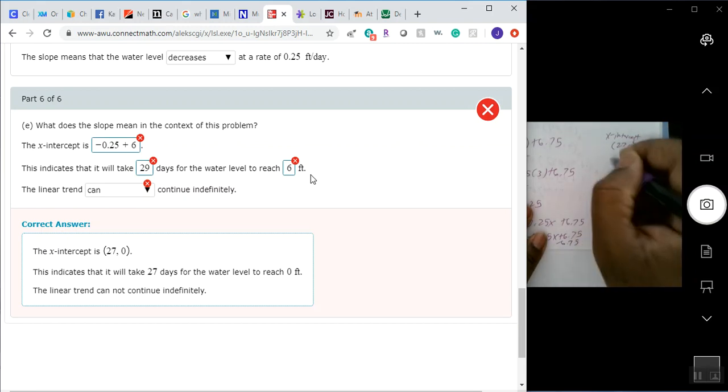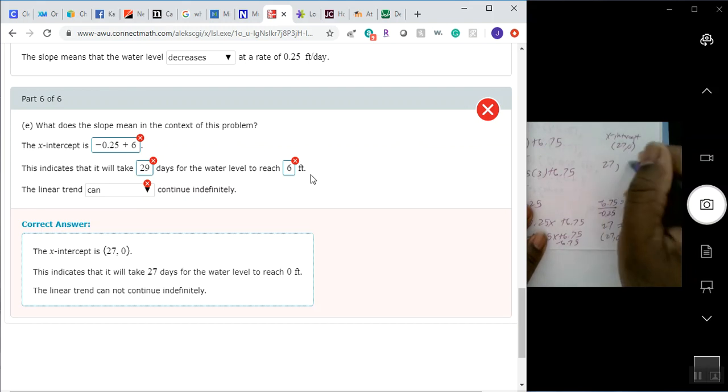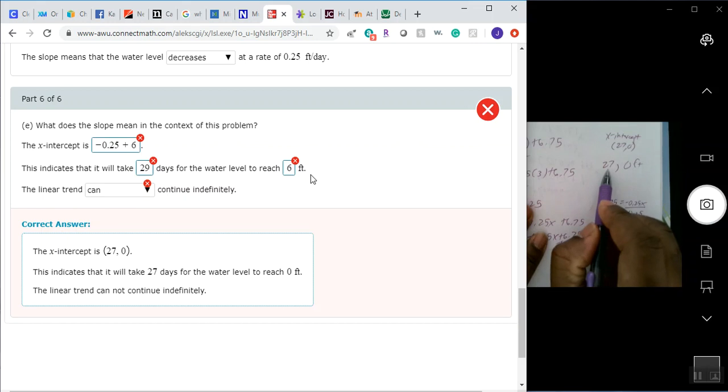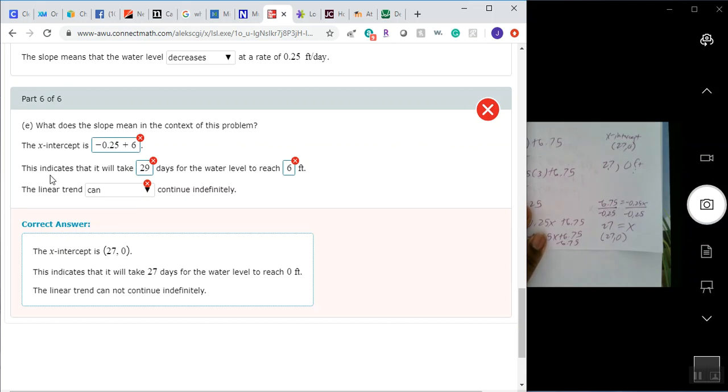That means that in 27 days, the water level will reach 0 feet, because this is 27 days, 0 feet. That answers this second portion: this indicates that it would take 27 days for the water level to reach 0 feet. Now it says the linear trend blank continue indefinitely. It cannot continue indefinitely because we have an endpoint here. We cannot go negative feet, so it cannot continue indefinitely. And that is basically it for this problem.